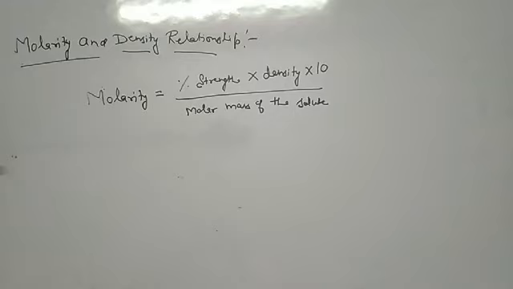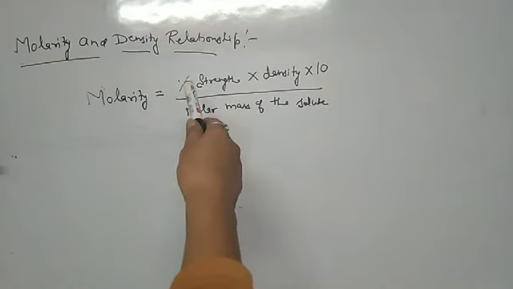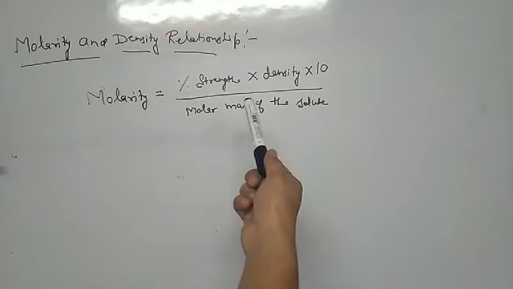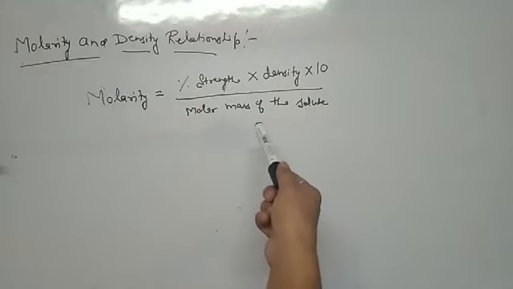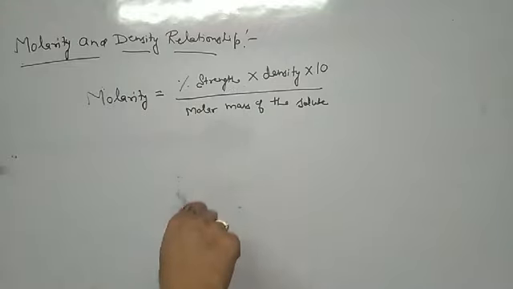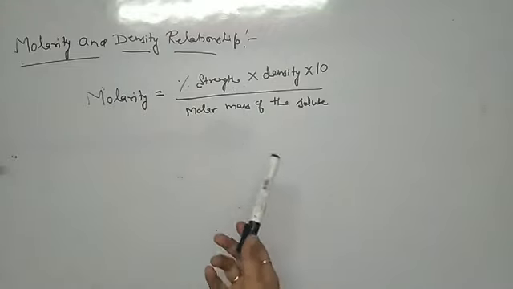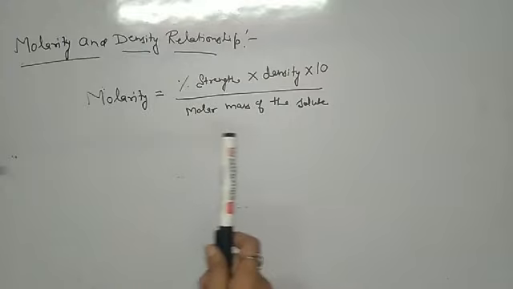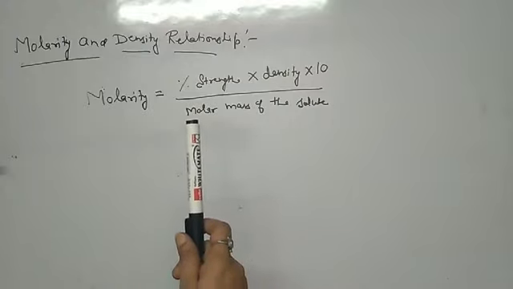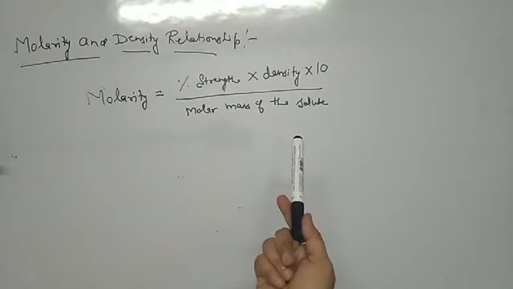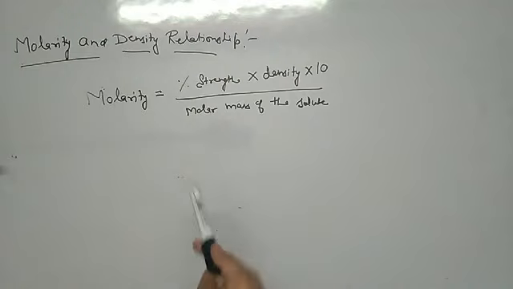Is it clear? So this one can be applied whenever percentage is given and density is given for a particular solution. That time you simply take percentage into 10. It means the solution becomes in liters. Multiply with the given density upon the molar mass of the solute.